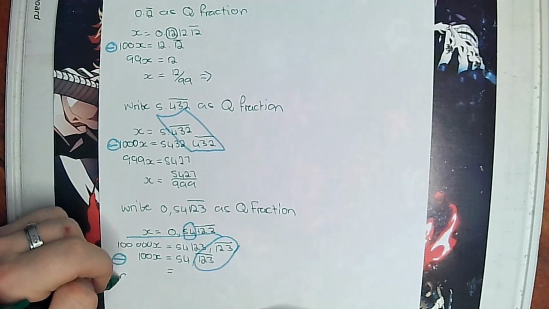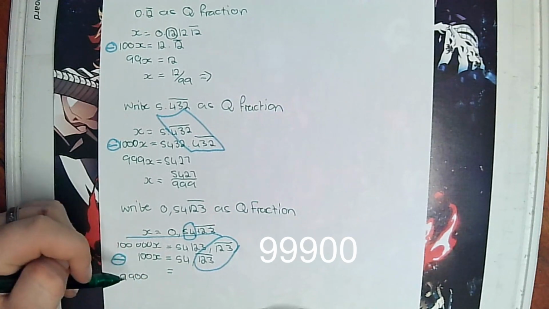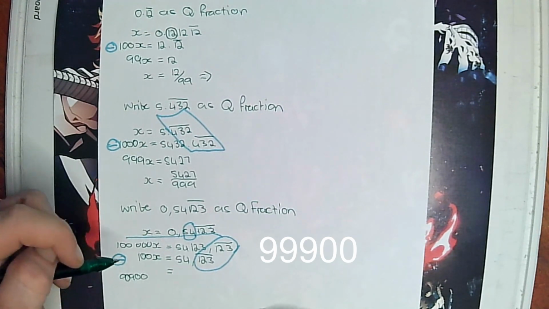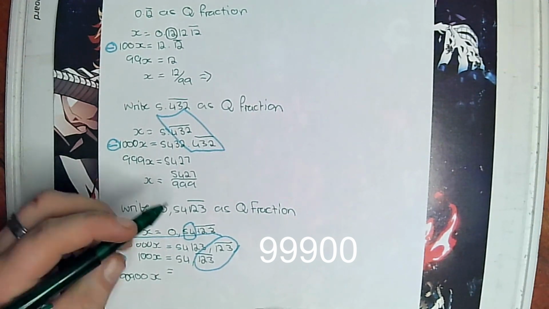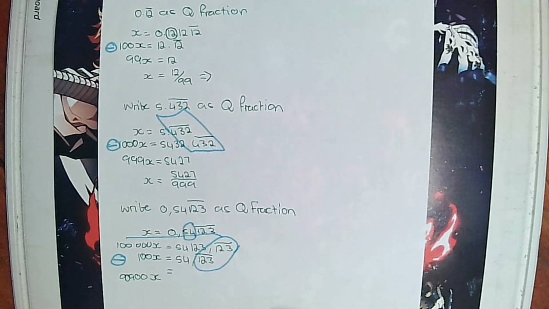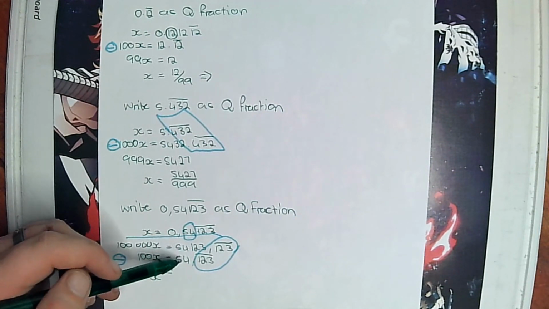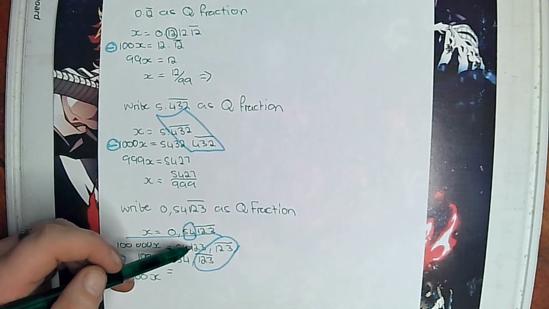Well, this should be 99,900x, and 54,123 minus 54 would be 54,069.